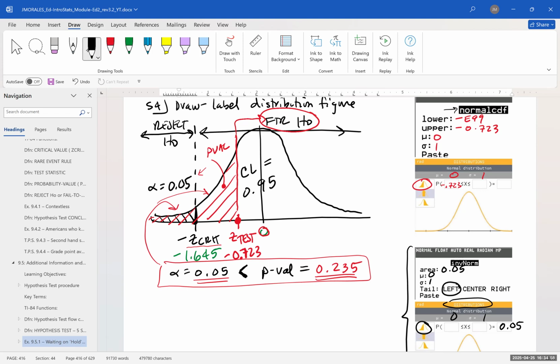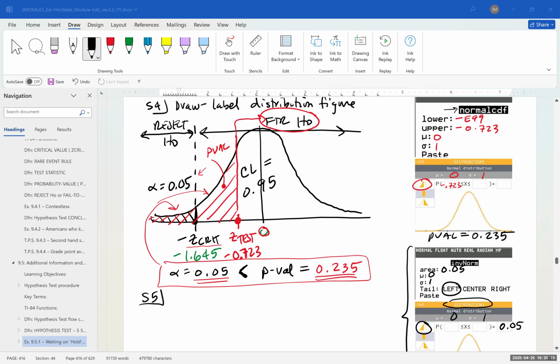And that constitutes step 5. But really quick, let me put what the p-value score is here. That's what these calculator functions did. There we go.